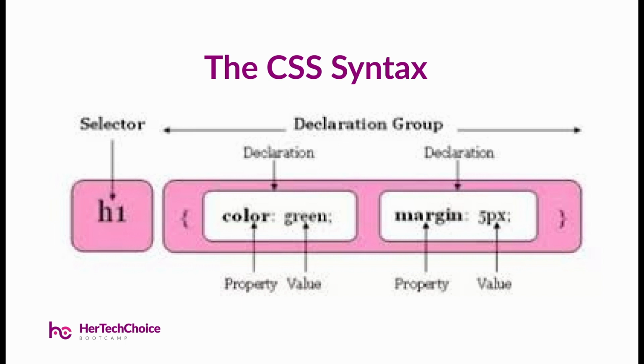Values determine the setting of the property you're giving this content, and they range depending on the type of property. For colors, you have color names. For borders, you have units that will determine the size, the width, the height of the border. So this works hand in hand to give your HTML its styling.